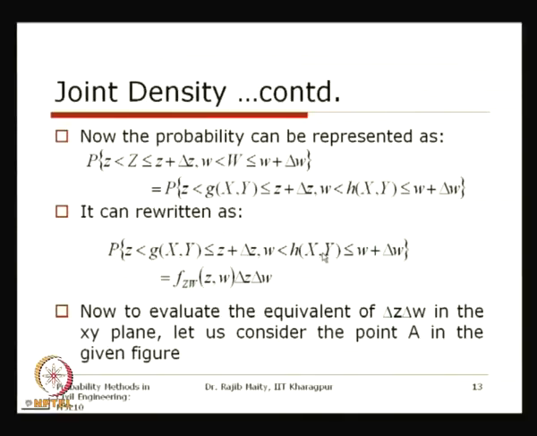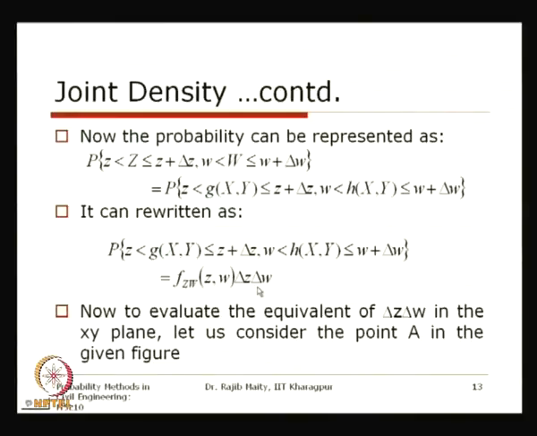If these values are in this small area of delta z and delta w, that is nothing but the probability density at the point (z,w) multiplied by that elemental area. Area, because we are talking about two random variables.